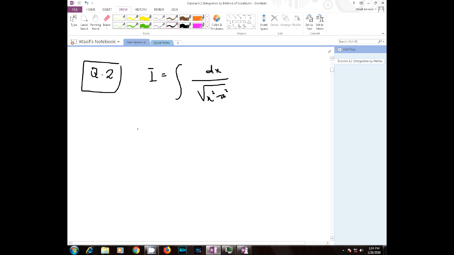So I will put the substitutions of hyperbolic functions. So putting x is equal to a cosh theta, so dx is equal to, the derivative of cos theta is minus sin theta in the trigonometry, while in the hyperbolic functions the derivative of cosh theta is sinh theta. Therefore we have a sinh theta d theta.